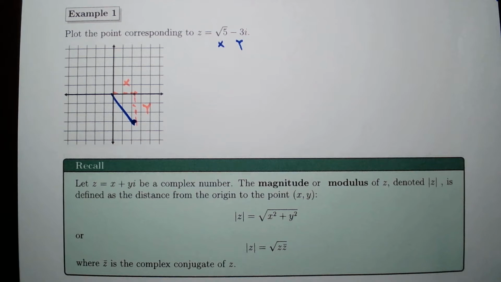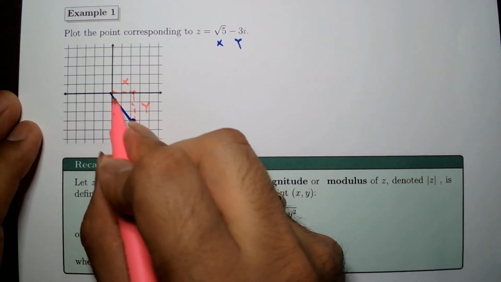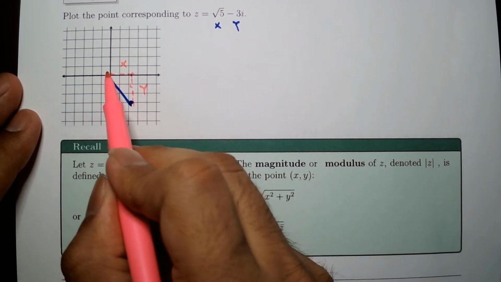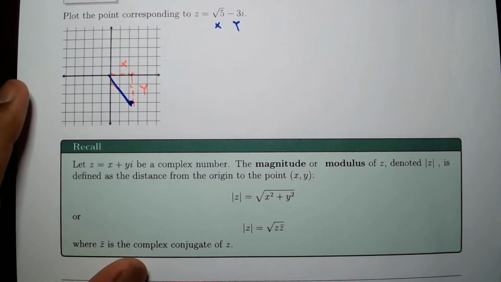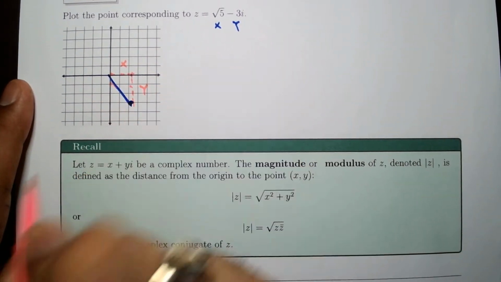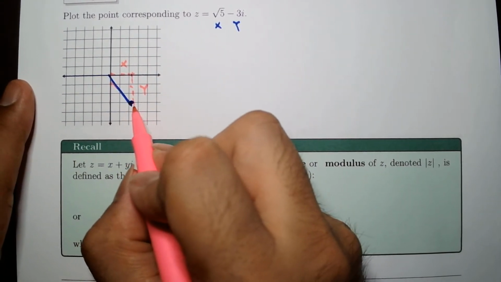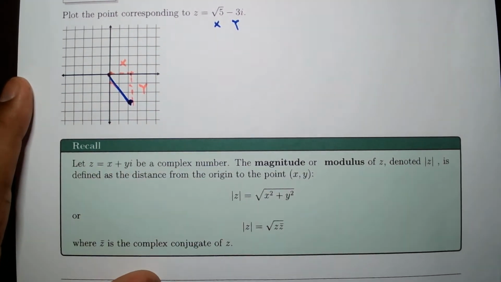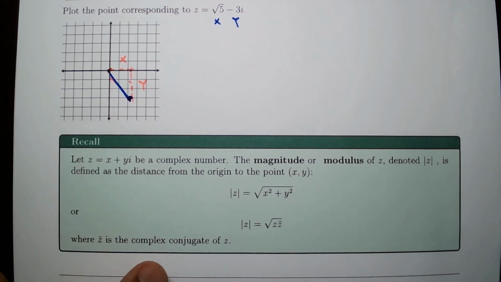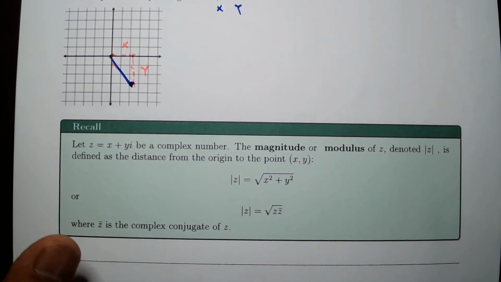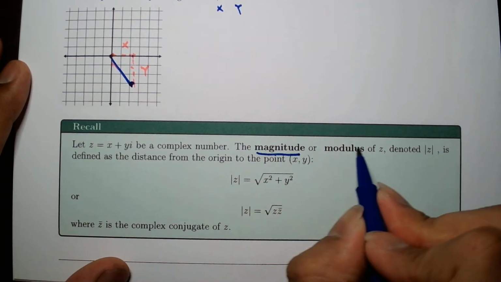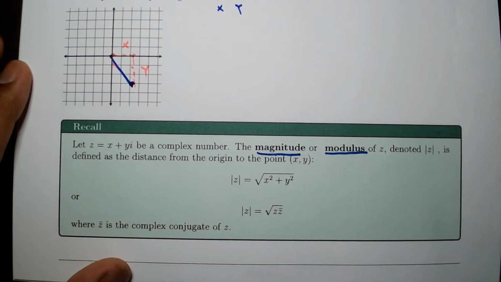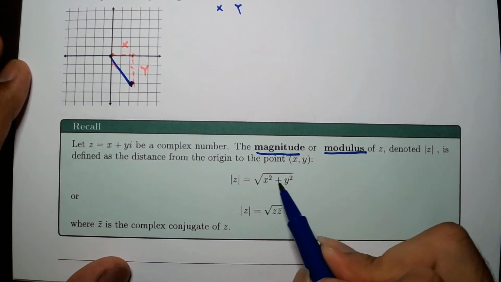In this case, the radius is not called the radius of the circle or the hypotenuse of the triangle, because the point located at x comma iy is some distance from the origin. We don't call it distance, we call it the magnitude or modulus of z, denoted with absolute values, and it's simply the square root of x squared plus y squared.